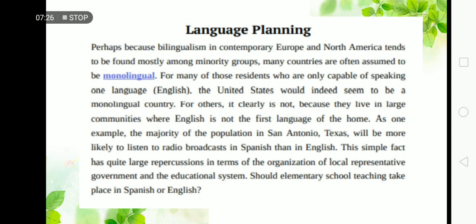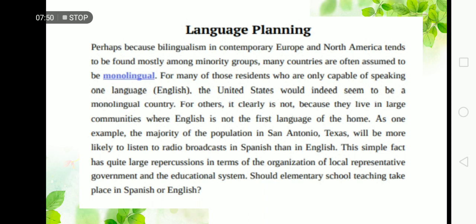For others, it clearly is not, because they live in large communities where English is not the first language of the home. As one example, the majority of the population in San Antonio, Texas will be more likely to listen to radio broadcasts in Spanish than in English.